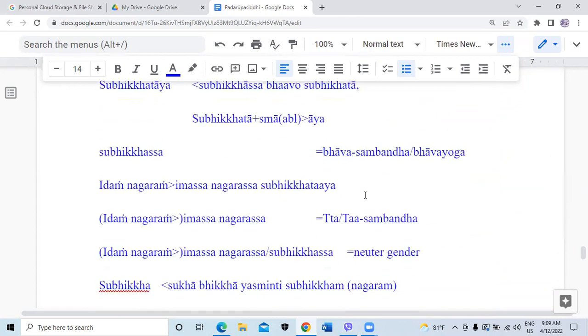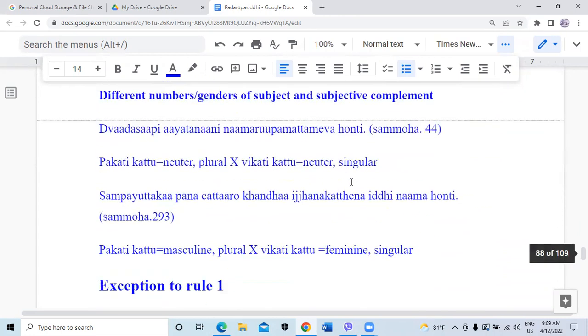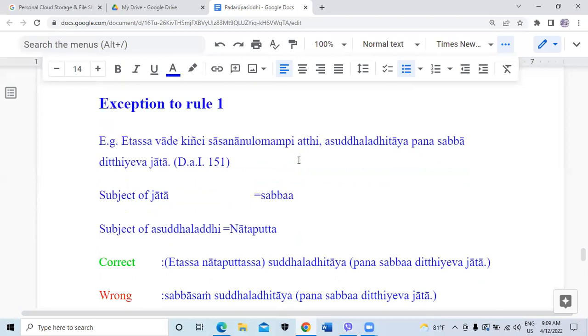Okay, let's see. Exception to rule 1. Etasa Vadi Kenji Sasana Nulo Mambi Ati Asota Laditaya Pana Sava Didiwa Jada. Okay, this is from Silakanawaka commentary, volume 1.